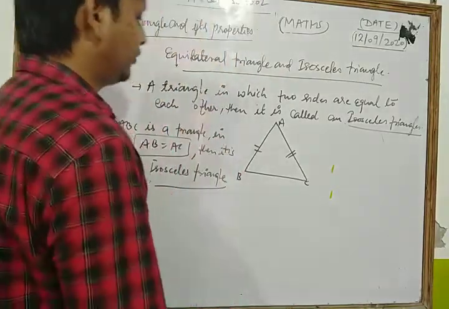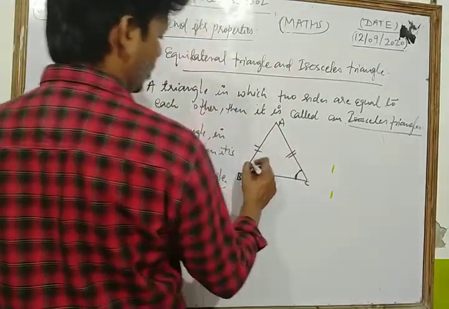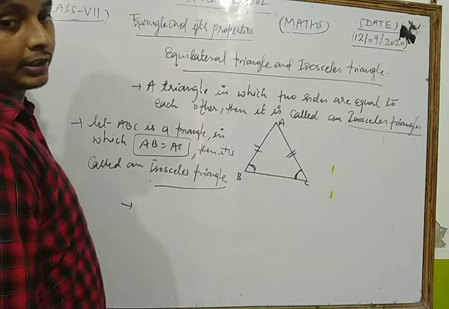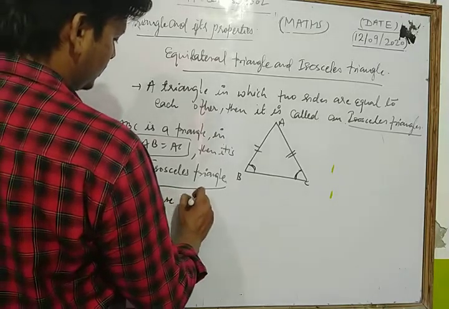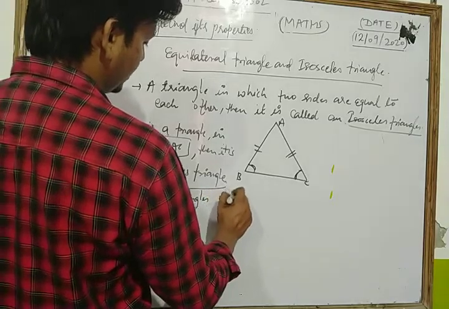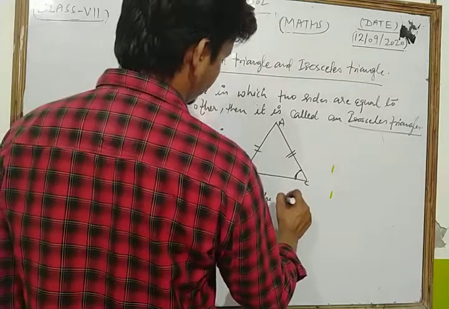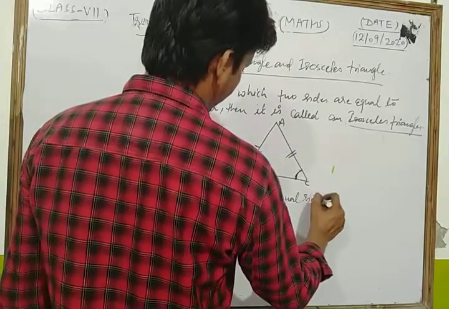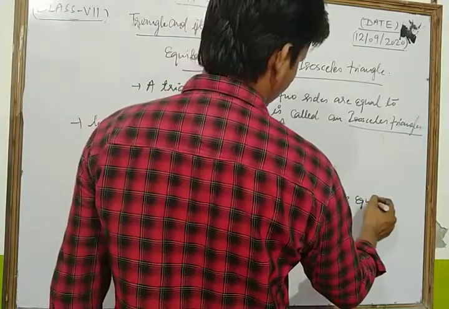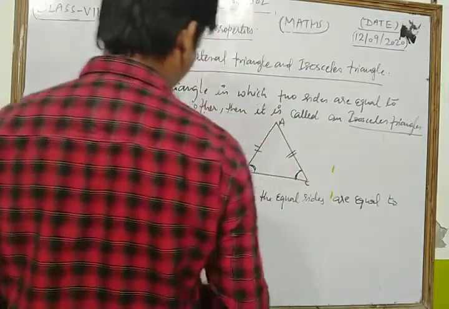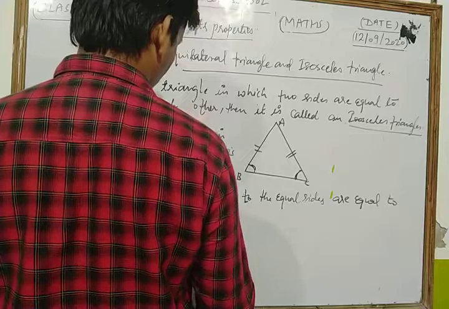And one important note is also here, dear students: the base angles of an isosceles triangle are also equal to each other. Base angles opposite to the equal sides are equal to each other.